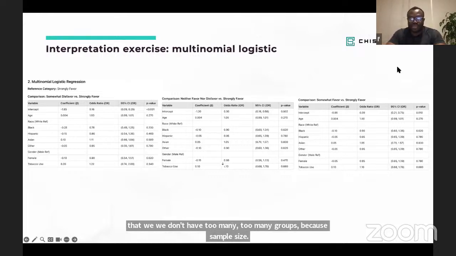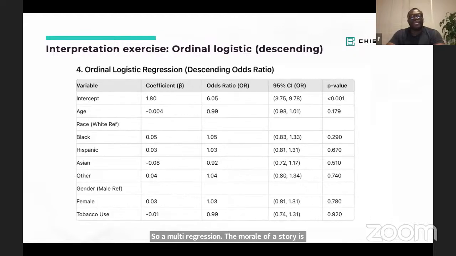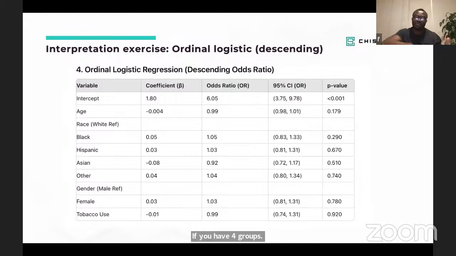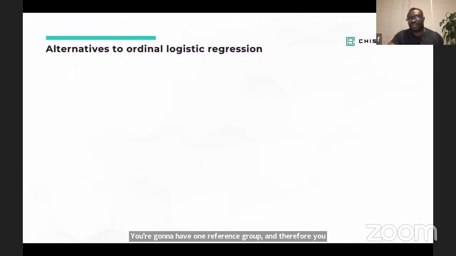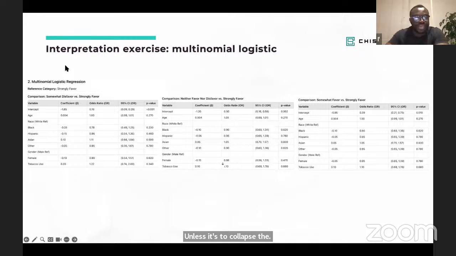Again, contrast that with the previous one where we have just one output. So in multinomial regression, the moral of the story is that if you have 4 groups, you're going to have 1 reference group, and therefore you're going to have 3 outputs, unless you decide to collapse the outputs like we did here. So here we're looking at somewhat disfavor versus strongly favor.